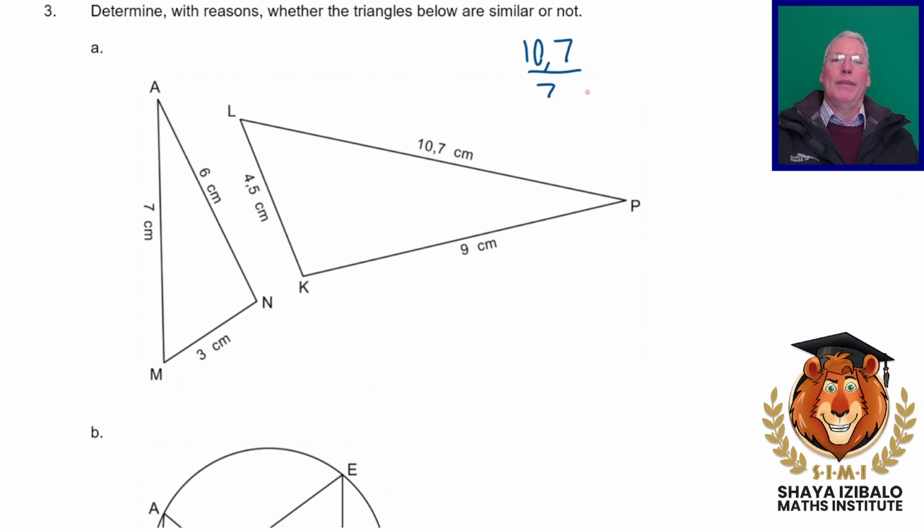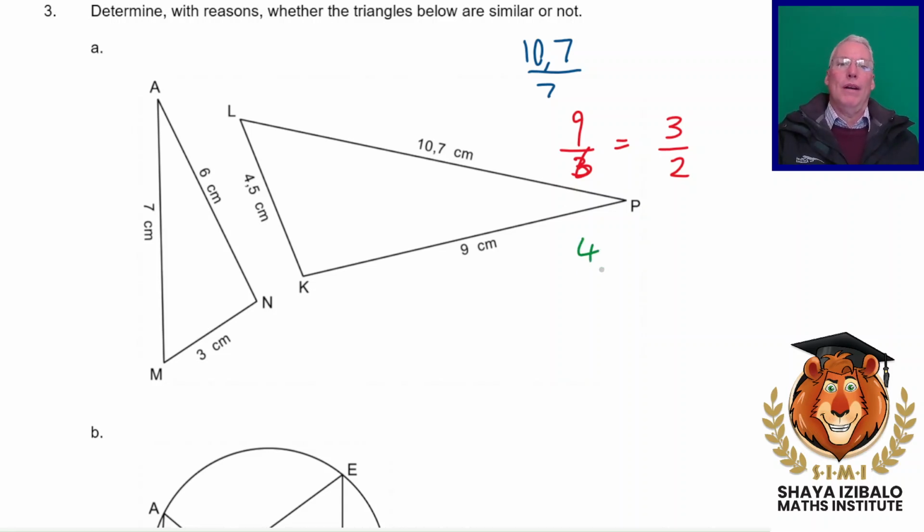Now 9 divided by 6 is exactly 3 over 2. And the last one, 4,5 divided by 3, that's also 3 over 2.